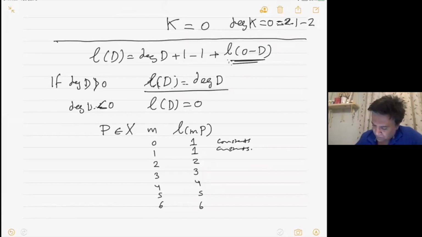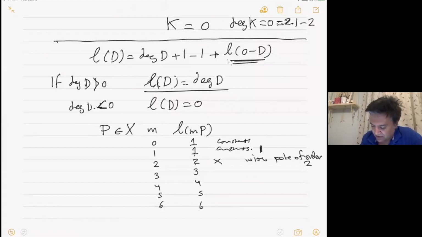Okay, so we call this constant function 1. Then you go into the pole order 2, you add 1 to the dimension. So there is a function x with pole of order 2. When you go to the poles of order 3, the dimension is added again by 1.